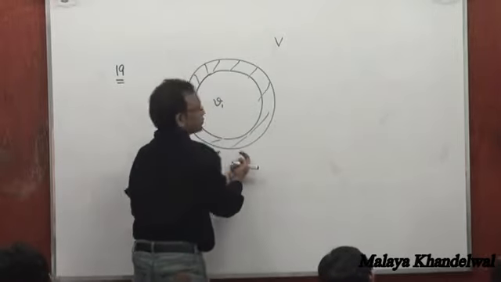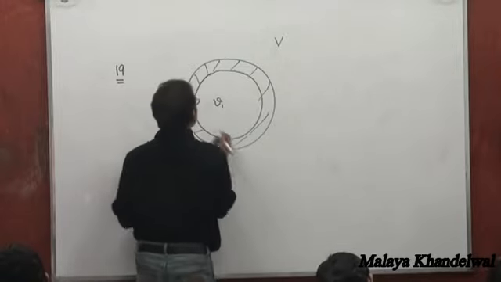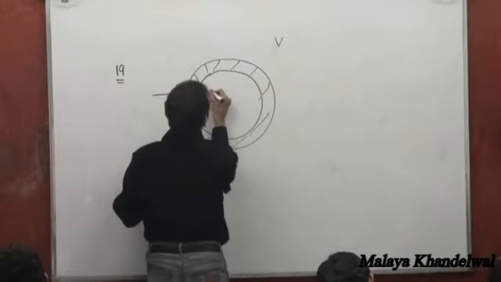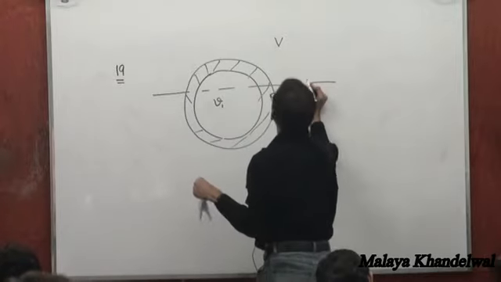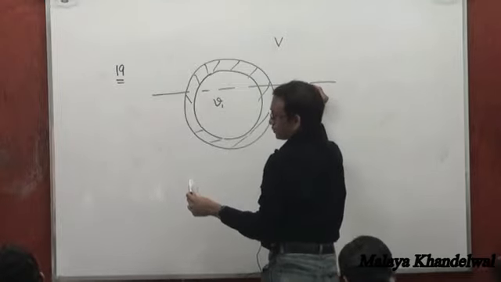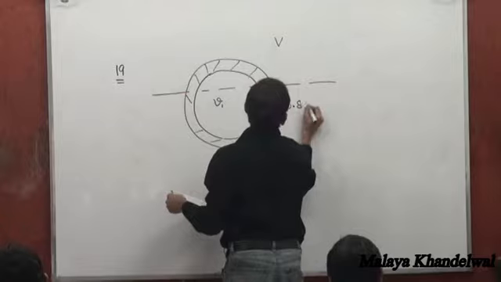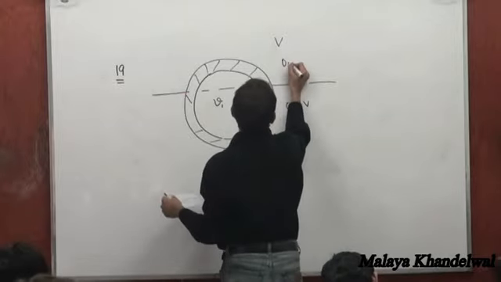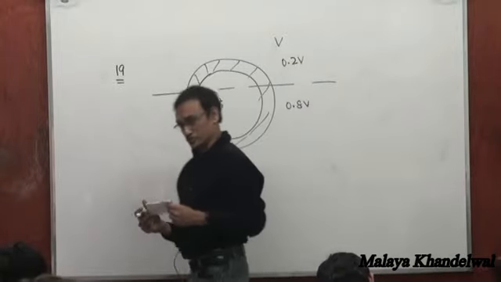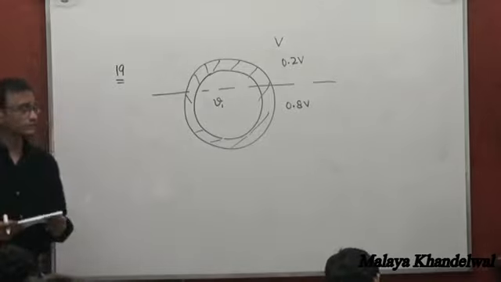V is the total volume of the envelope, right? It's given that it's floating with 20% above the water surface, that means 0.8 times V below the water surface and 0.2 times V above the water surface, right?